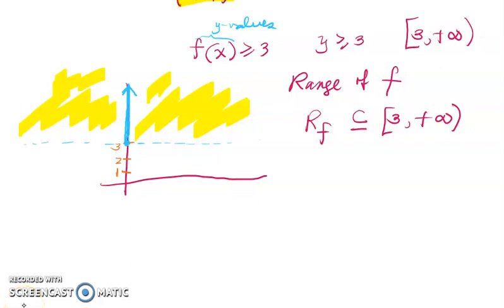And to show equality, since this is only a subset, we have to pick any element. So again, we have to show that for any value of y in the interval 3 to positive infinity, we must find a value of x.